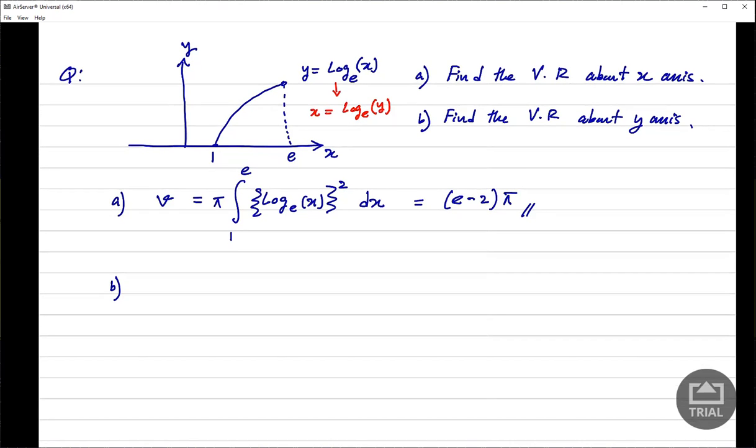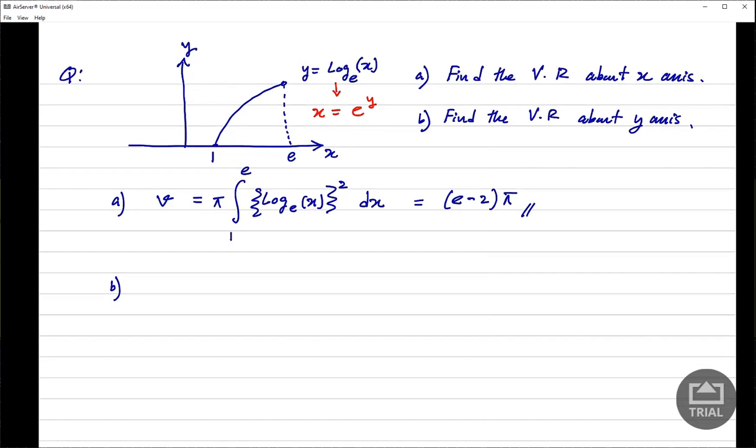Okay, so don't do it that way. We can do it easily this way. You need to find x, right? So x in terms of y. So x is equal to e to the power y. That way is easier.